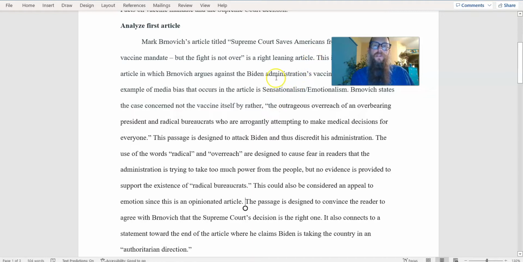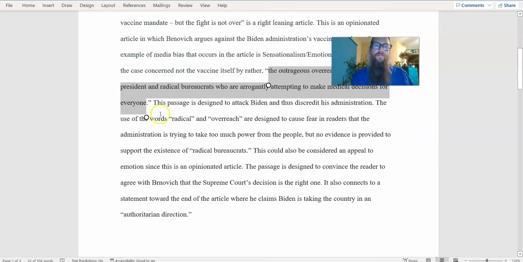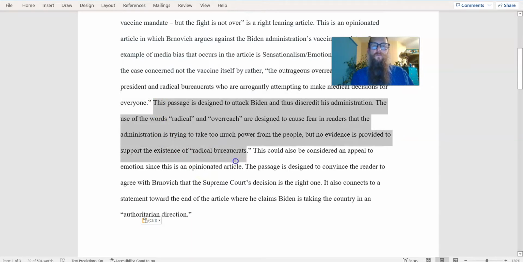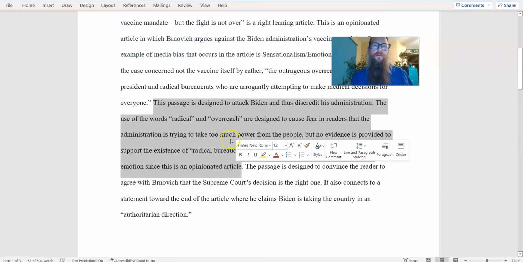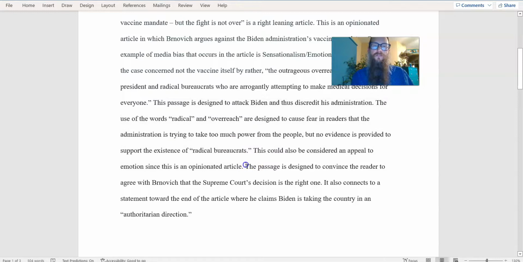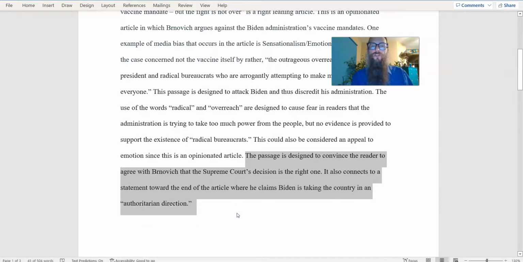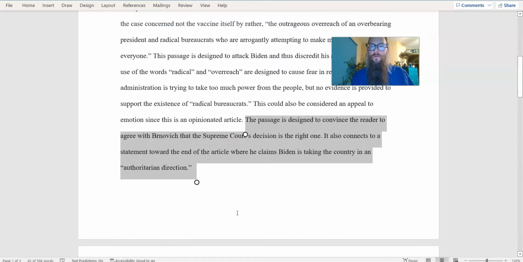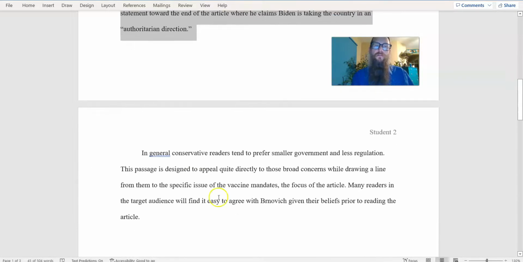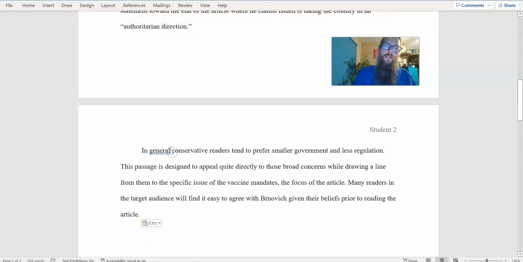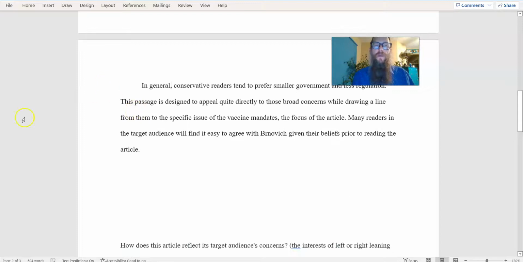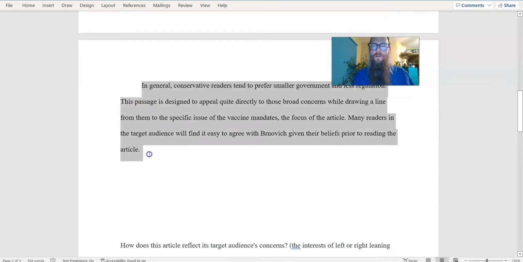But again, we're explaining: introduce the article, explain what it is, which type of bias is happening, where is it happening, give us the passage, explain why it meets that criteria for that bias, explain to us what it is designed to do, why it's there, what is it doing, and then explain what impact this has on the target audience.